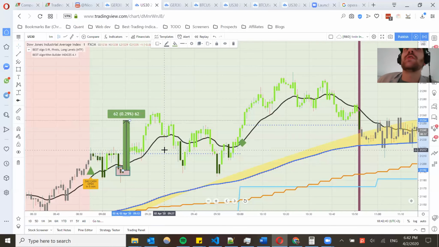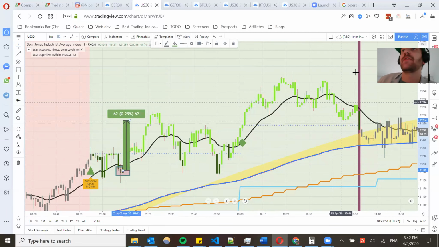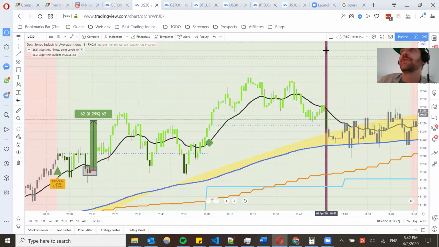Okay. So if you didn't set your stop loss to break even, or if you didn't take profits, then hold until these purple vertical lines are exit, hold.